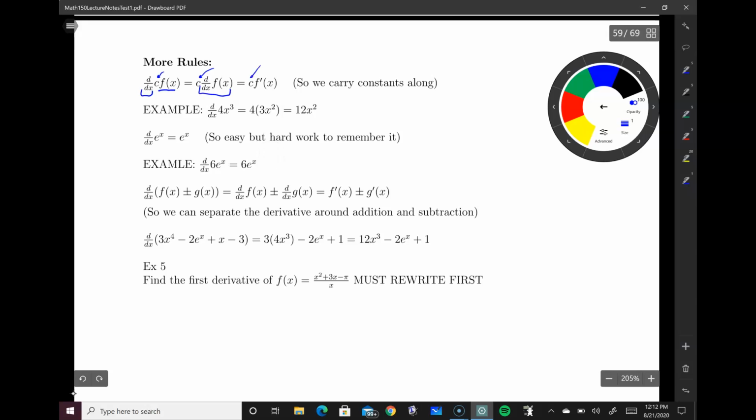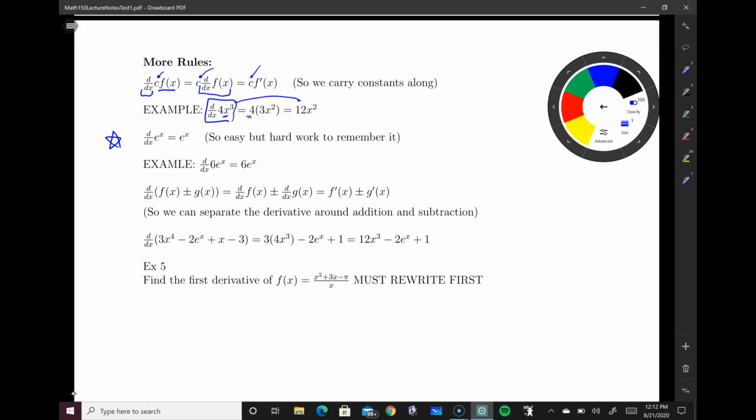So you basically carry along the constant to take the derivative. So taking the derivative of 4x cubed, you can carry along the 4 and then take the derivative of x cubed, which is 3x squared. So I bet you'll be able to go right from here to here many times.